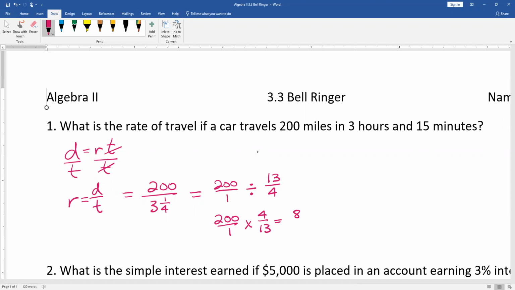Let's see. Does 13 go into 200? I feel like I get an even answer, so it should. Let me calculate 200 times 4.